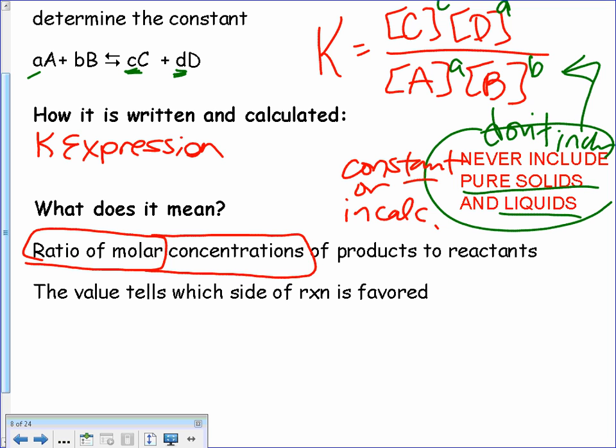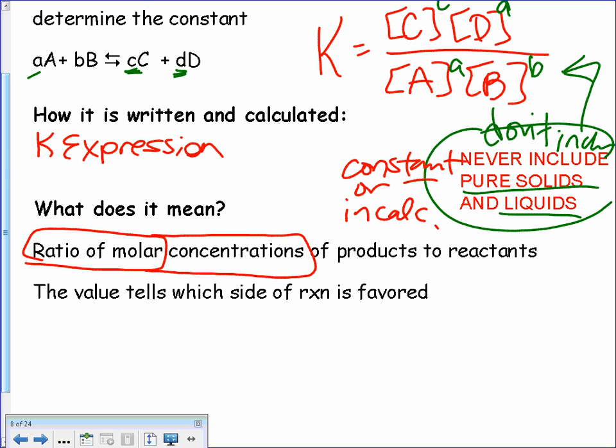We're going to write some K's here in just a second. Oh, actually, I passed these out. You see on the front side of your sheet, which says Unit 8, Student Packet, Worksheet 1, write the equilibrium expression for the following.